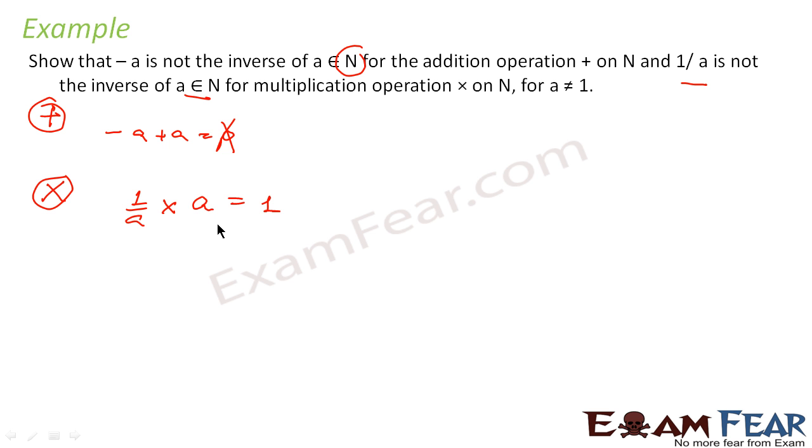But it is saying A is not equal to 1. If A is not equal to 1, let's suppose A is equal to 7, 1 by A will become 1 by 7. And 1 by 7 is not part of the natural numbers. So since this is not a natural number altogether, how can it be an inverse? It can't be. Let's take one more example.